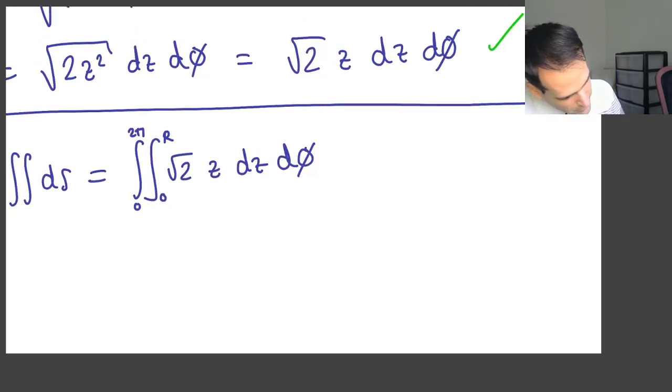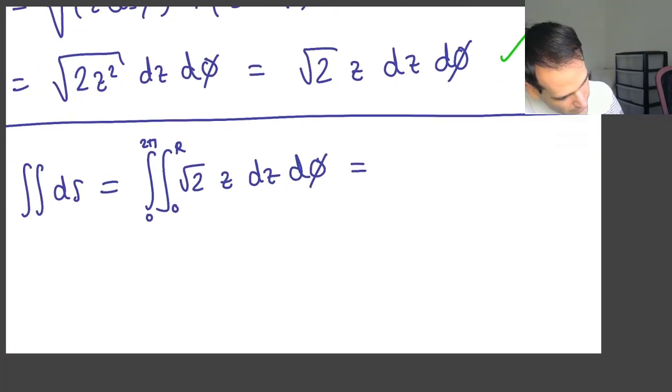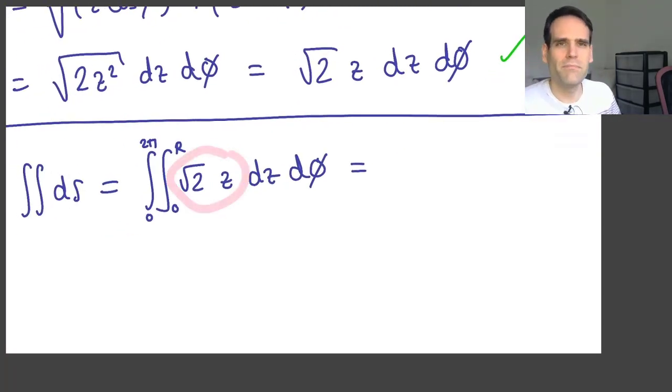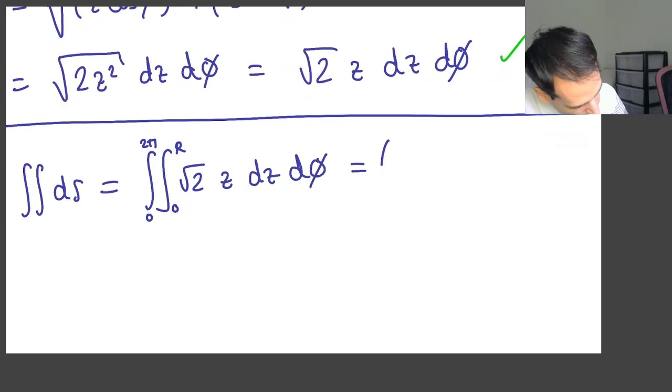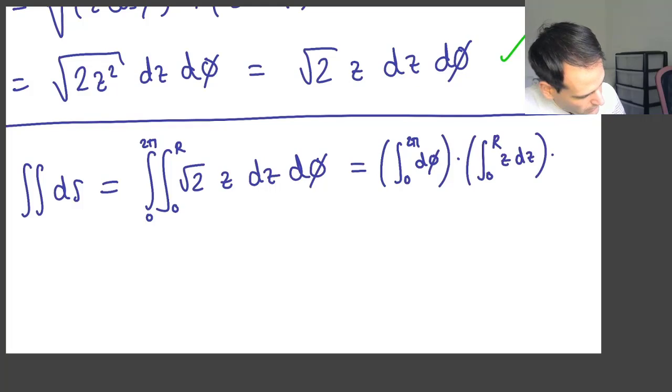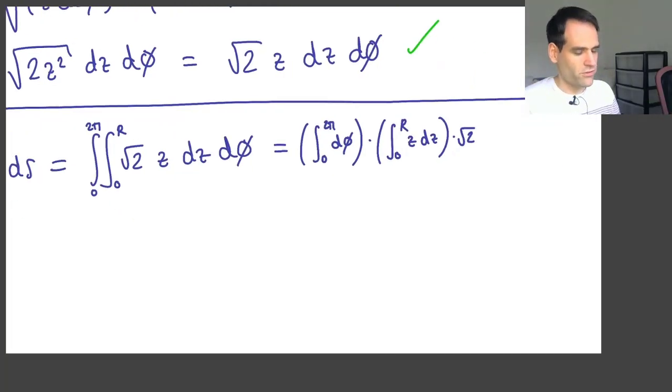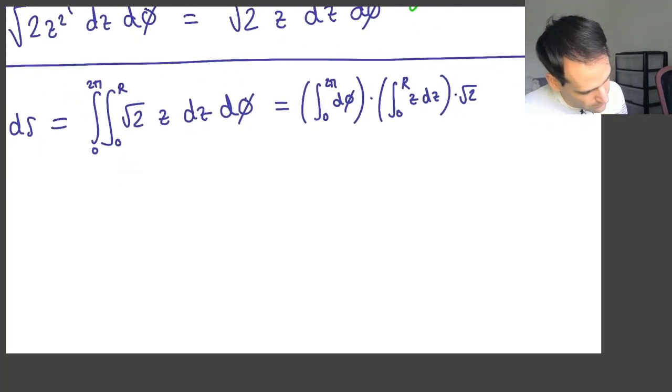Okay, so by separation of integrals, because this is a function of z times a function of phi, where the function of phi is simply 1, this is the integral from 0 to 2 pi of d phi times the integral from 0 to r of z dz times the square root of 2, which we can keep outside as a constant.